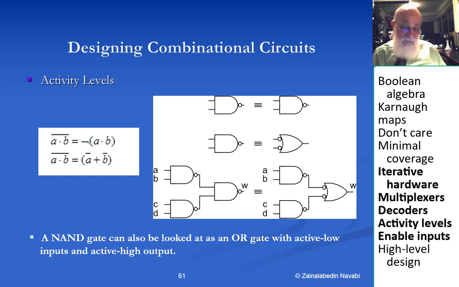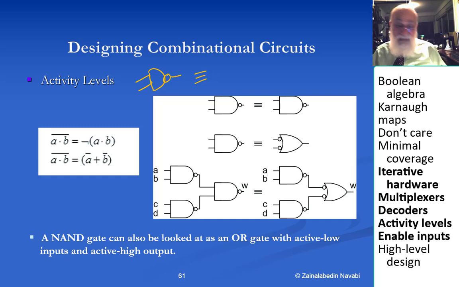Now we talk about activity levels. Actually, a NAND gate is the same as an OR gate with active low inputs. Okay? Actually, a NAND gate is the same as an AND gate with active low output.